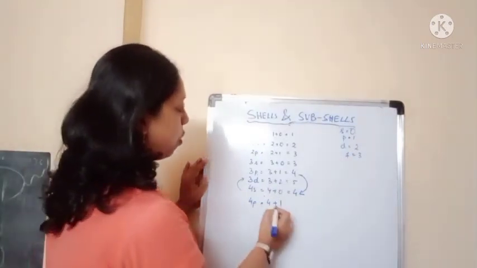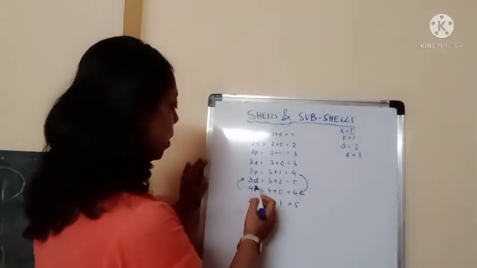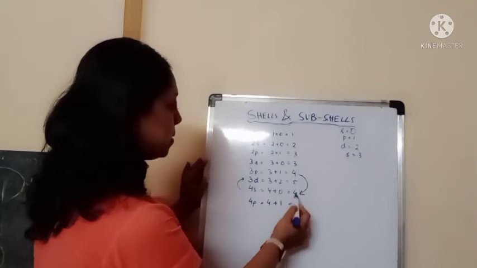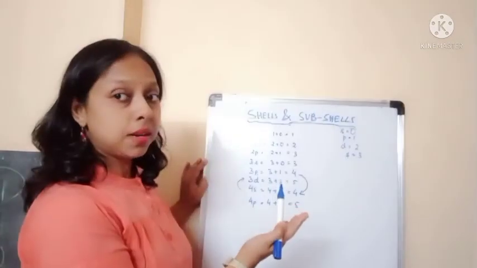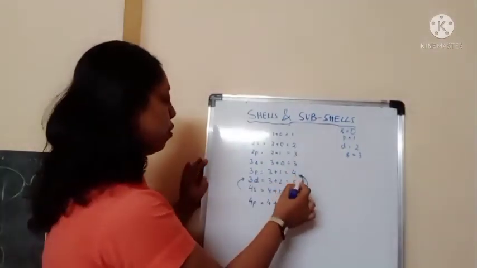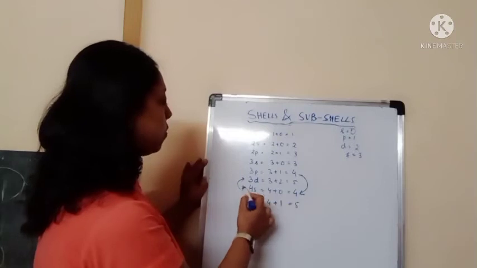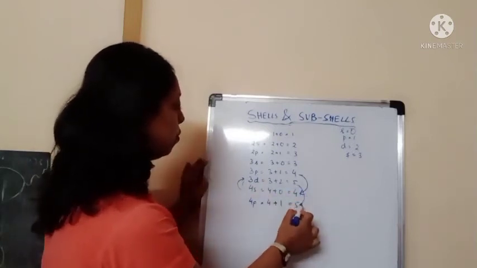It is 4 plus p, which is 1. It is coming out to be 5. So again 3d and 4p have the same energy levels, but the principal shell number is 3, which is less in the case of 3d. So from 3p it will be 4s, 4s to 3d, and 3d to 4p.